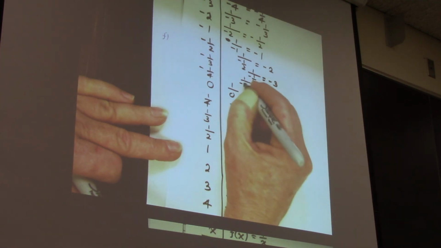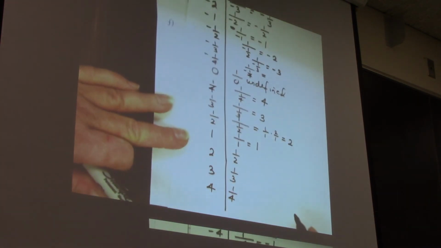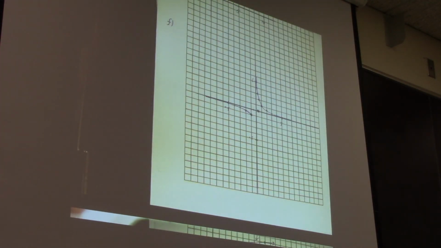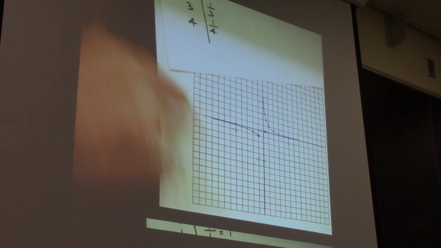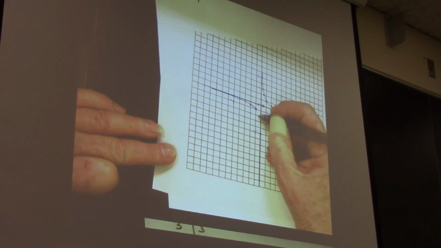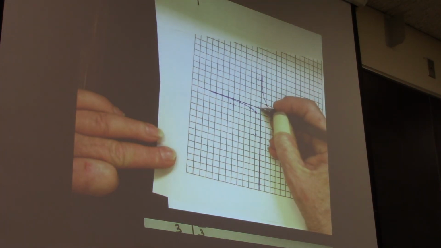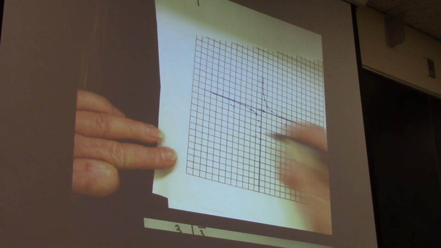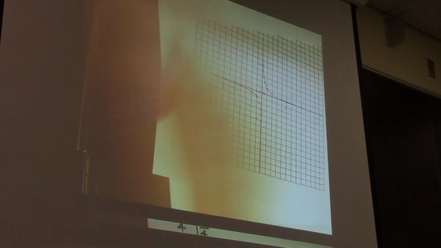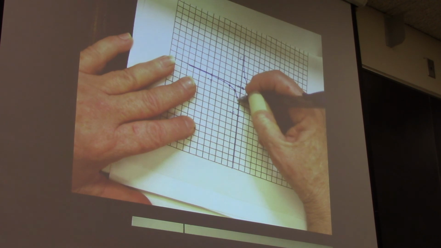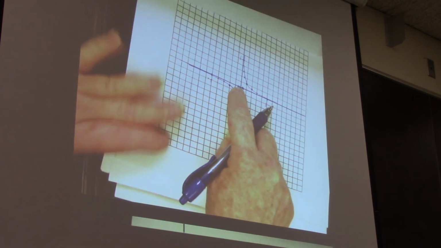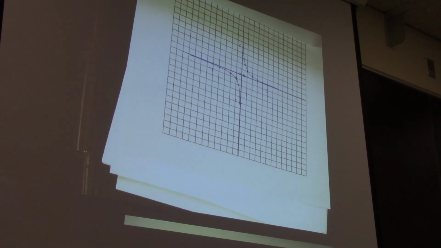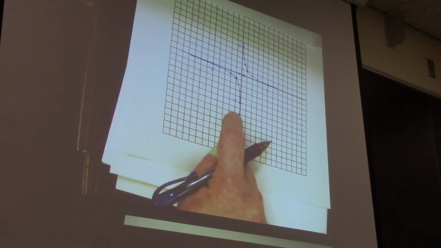If x is -1/4, 1 over -1/4 is -4, etc. So when x is -1/2, y is -2. x is -1/3, y is -3, x is -1/4, y is -4, etc. The closer the x values get to 0 on this side, the larger the y values get, but with negative signs attached to them.